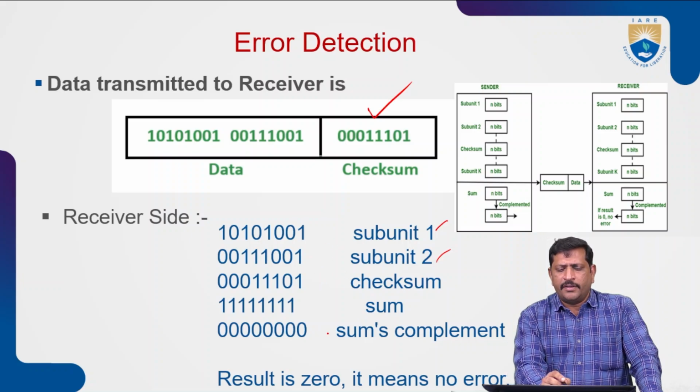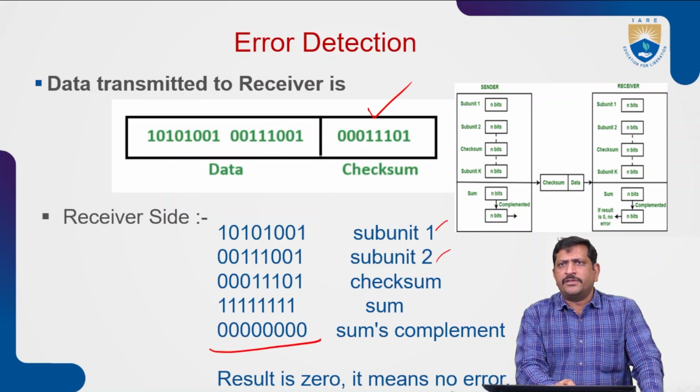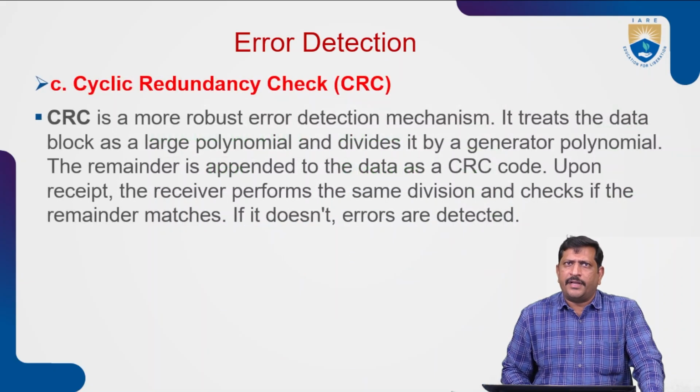The complement of the sum is 0, which means the received message is correct. If the complement of the sum is not 0, it means an error has arisen in the data transmitted by the sender.